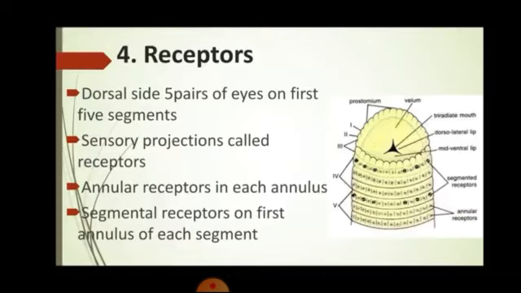So there are totally 33 segments, and each segment is further subdivided, and those subdivisions are called annulus or ring. So segmental receptors are present on the first annulus, whereas annular receptors are located in each annulus.